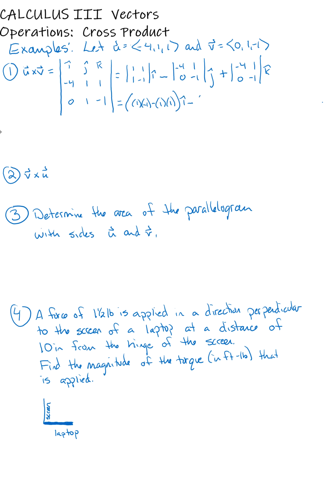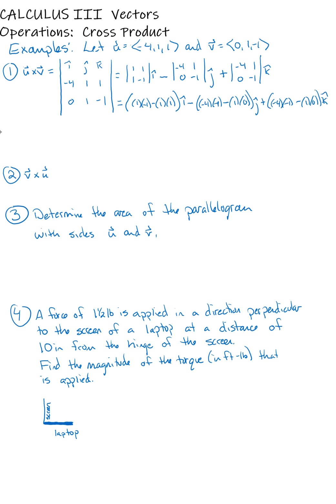Minus, for the j component, we'll have -4 times -1 minus 1 times 0. Plus, for the k component, we end up with -4 times -1 minus 1 times 0.